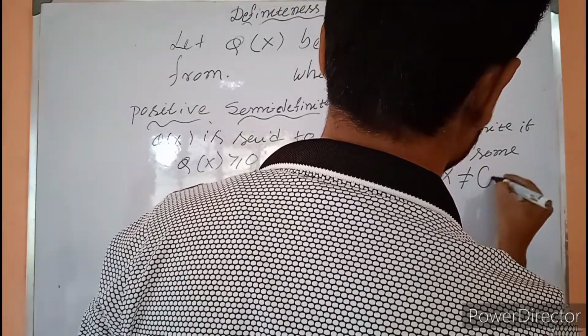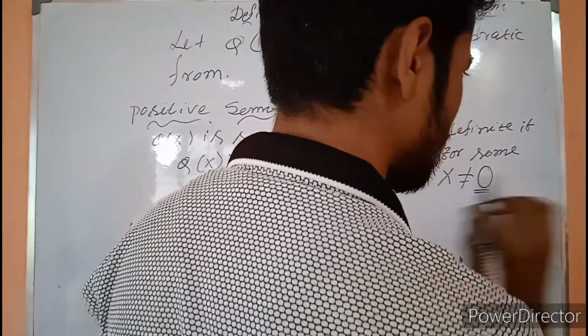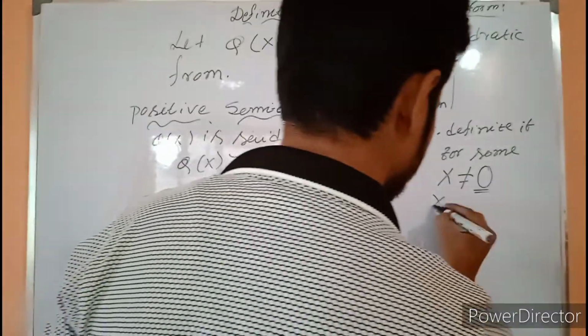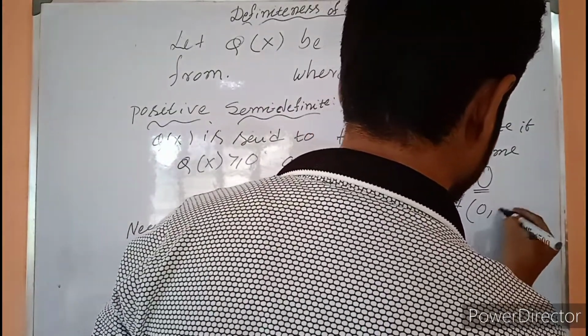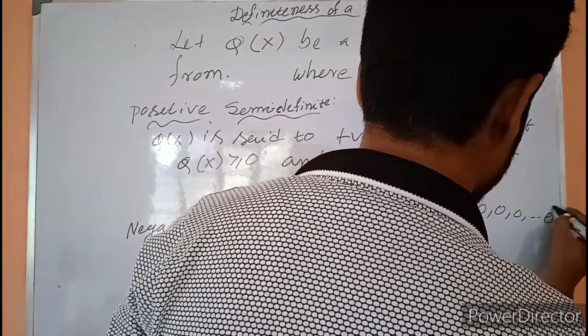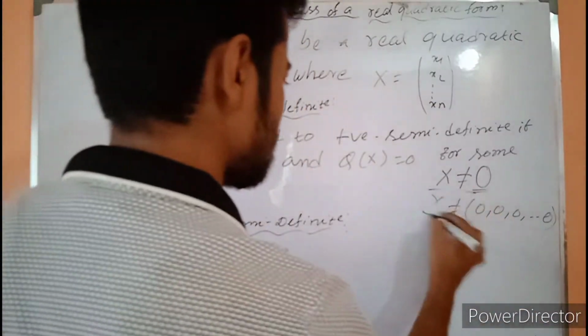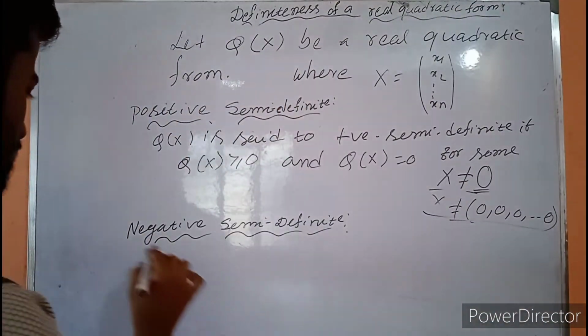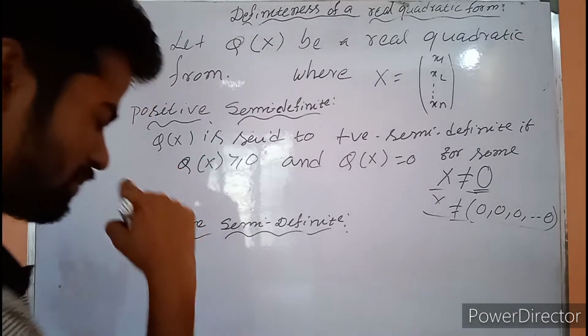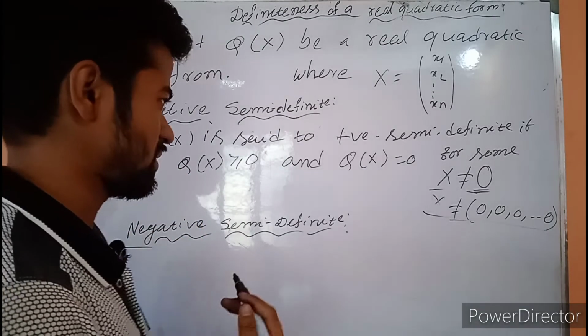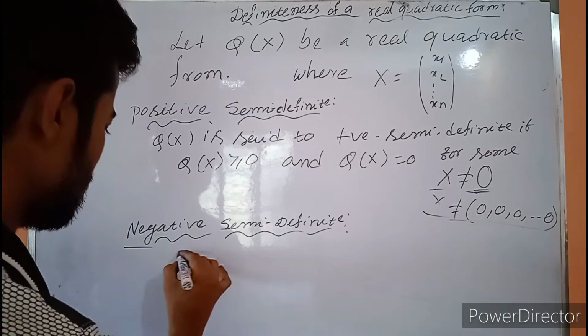This 0 is a zero vector, that is x not equal to the zero vector. This means this, okay.